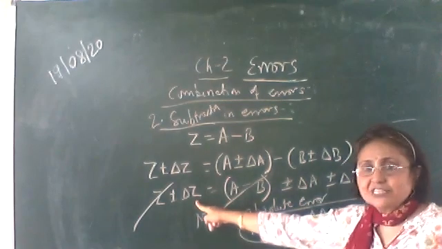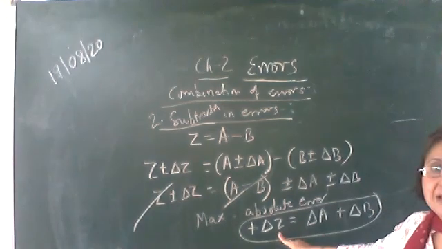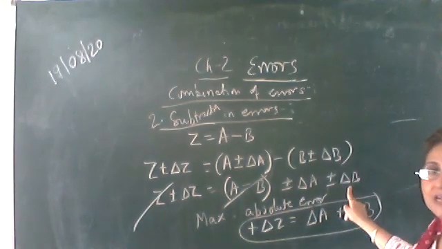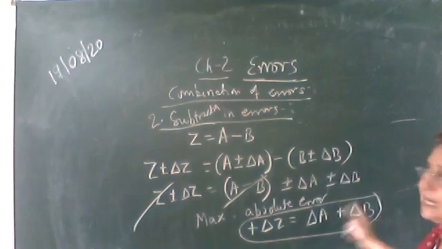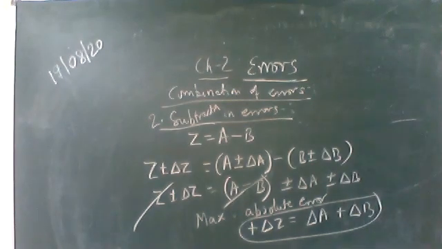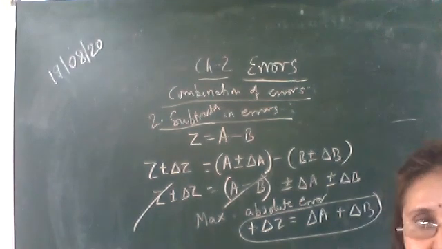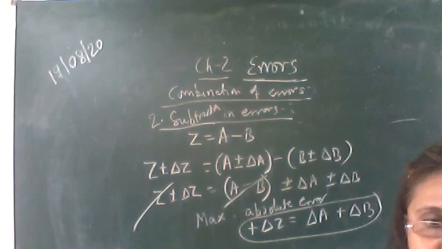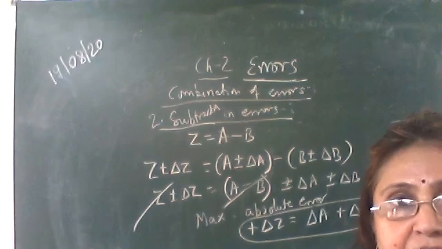Which sign will we consider? Positive sign. Plus delta Z is plus delta A plus delta B. So in addition and subtraction, the maximum absolute error in the sum or in the difference is equal to the sum of the absolute errors in individual measurements.